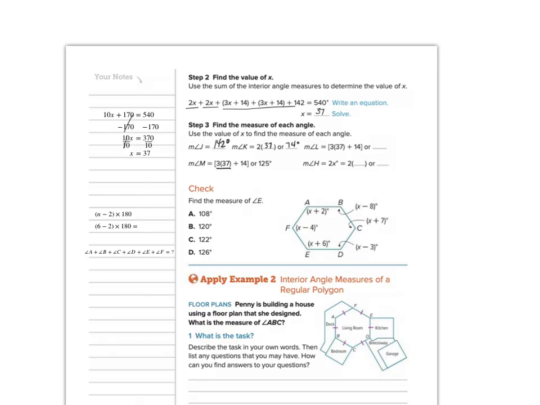Here we had 3 times 37 plus 14, or 125, so we'll go with 125 degrees. And then again, 2x was 2 times 37, or 74 degrees. And those were all my different angle measurements that I had within that polygon.